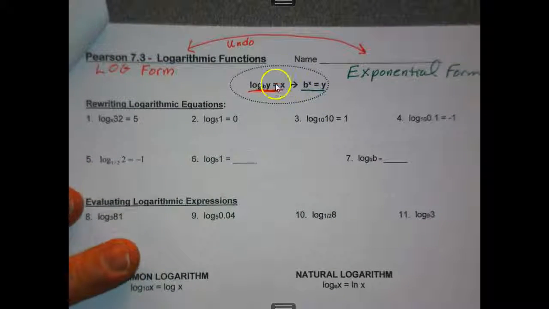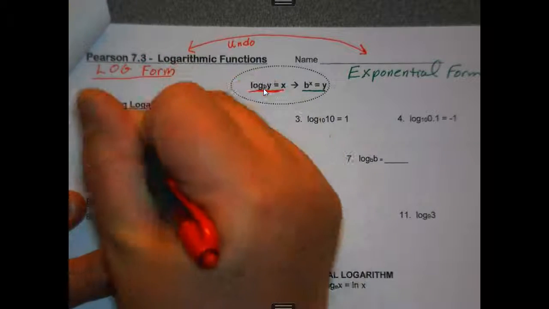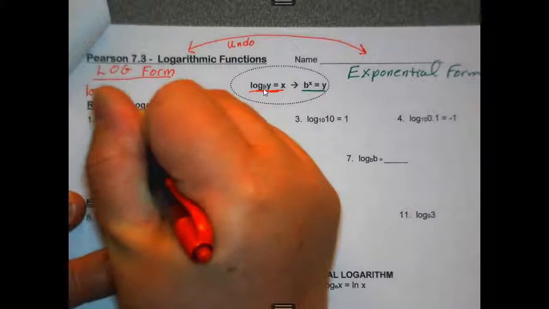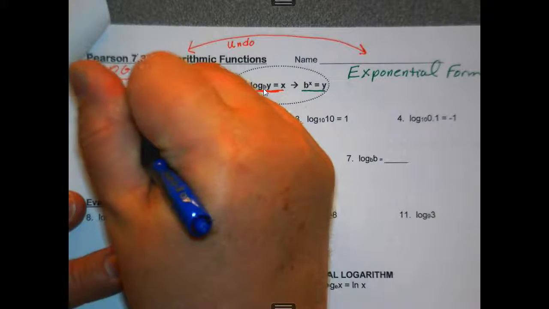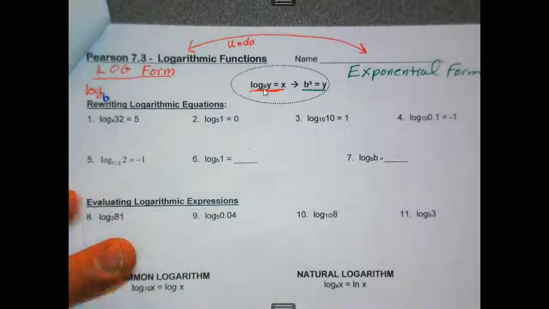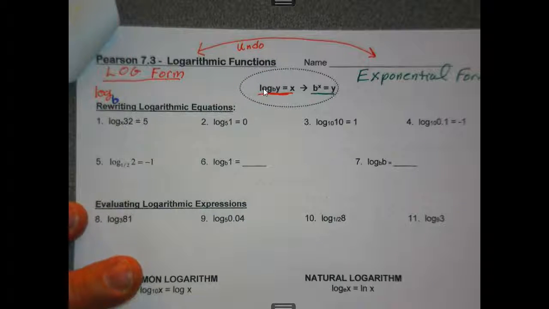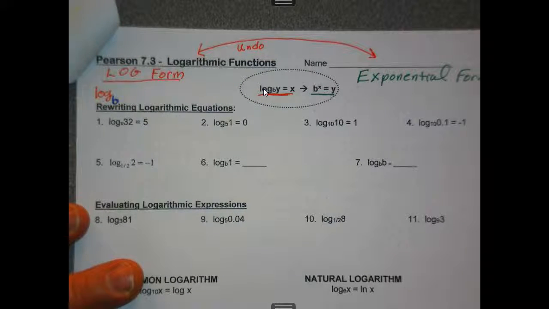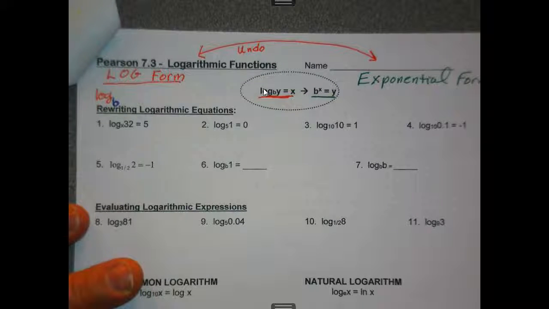All right, so if we look at the form, I have log. The little b here is my base. So I have the word log, and then I have the little b that's kind of subscript of that. By the way, when you're writing log, you have to put it as a subscript because if you put log b, it means something else.